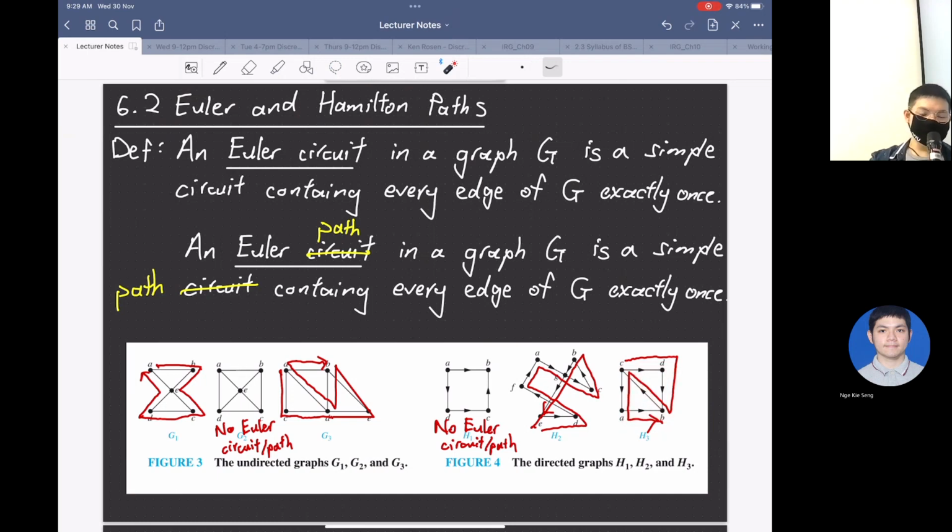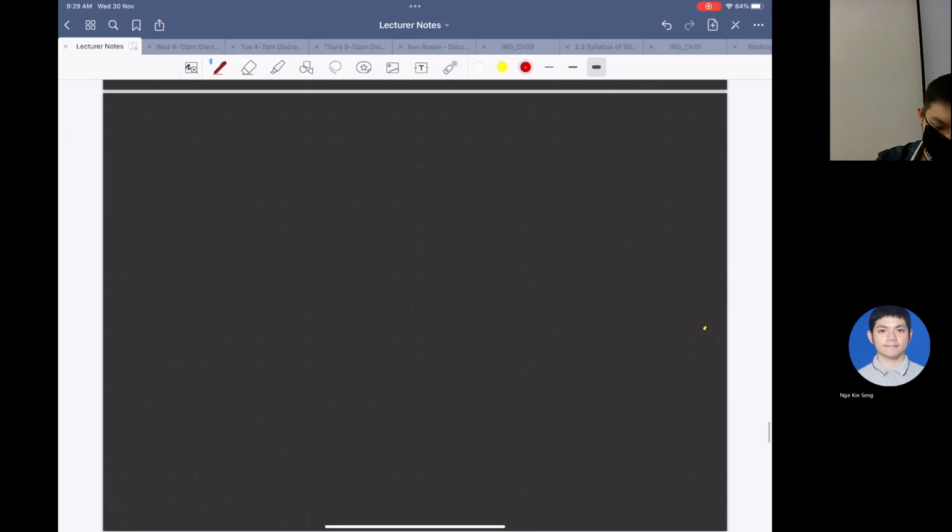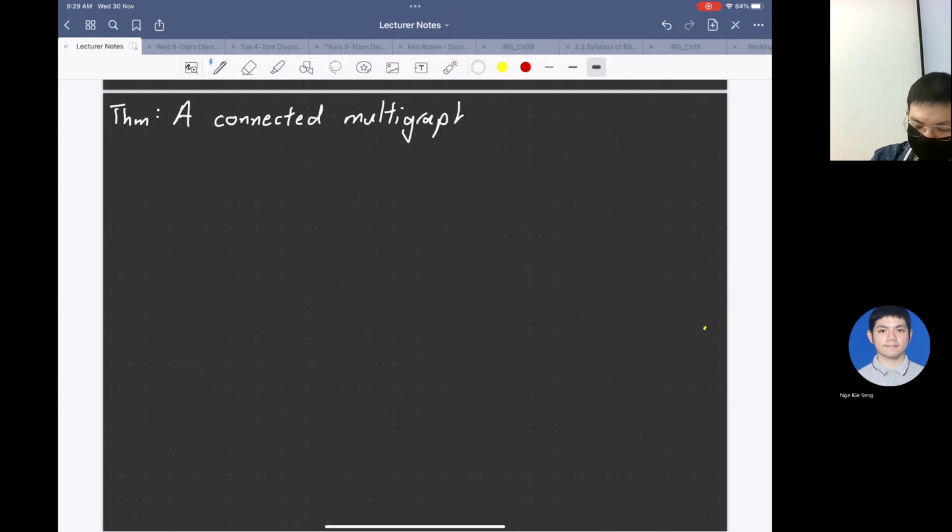Okay. So in general, how to find an Euler circuit? Give you a large graph. So there's a theorem where you can just count the degree of vertex. So let's say you start with a connected multigraph.